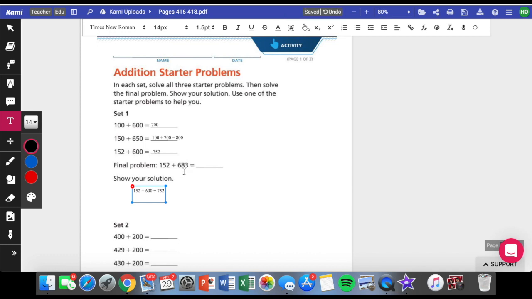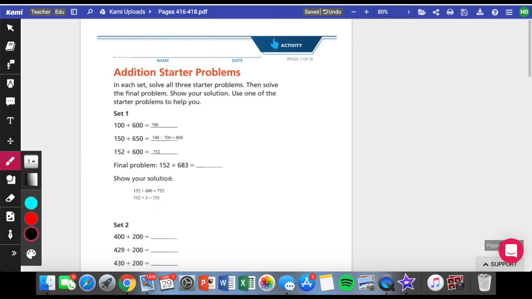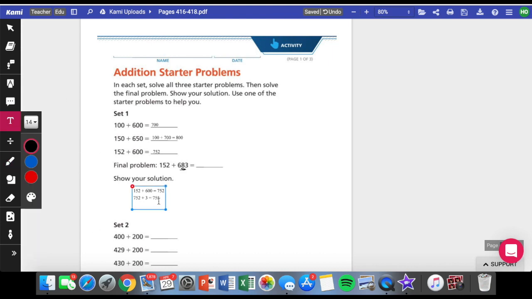So I'm first going to add my ones place. So 752 plus 3 is equal to 755. And then I still have my tens place. So I still have 80 left. So 755 plus 80.